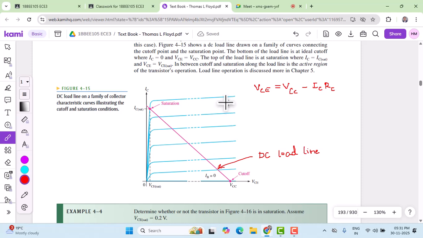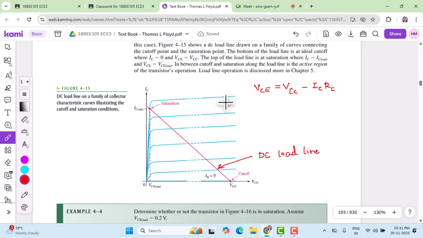Now let us take a problem and try to apply the concepts to it. So the example is 4.4. We need to determine whether or not the transistor is in saturation, assuming that the saturation voltage is 0.2 volts. This is a circuit diagram given to us, and based on it, we have to decide whether the transistor is operated in saturation or not.